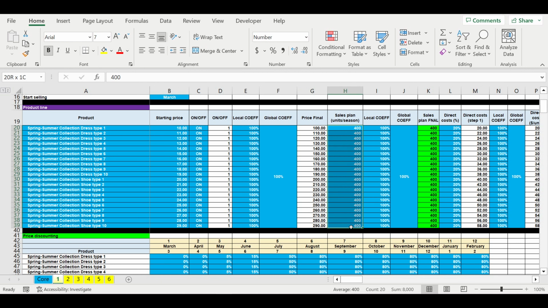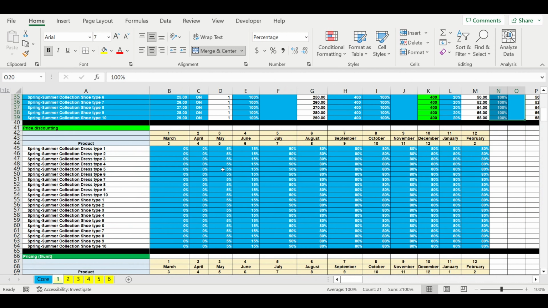Then we specify the sales plan. We have global and local coefficients for scenario play for the sales plan. Then we set up the level of manufacturing costs as a percentage of the price. We have global and local coefficients for manufacturing costs.